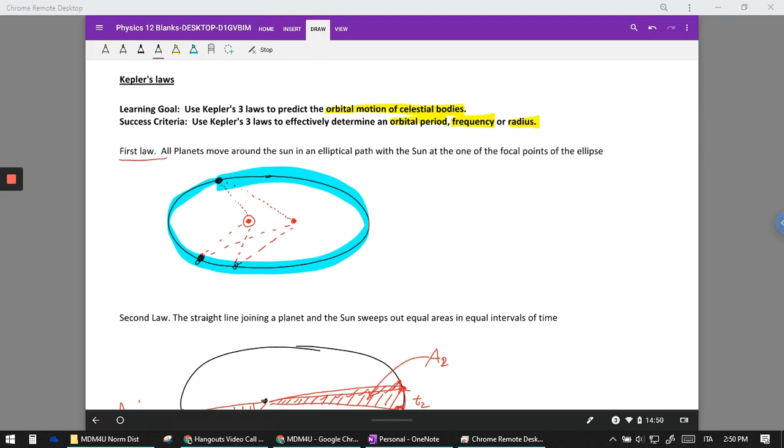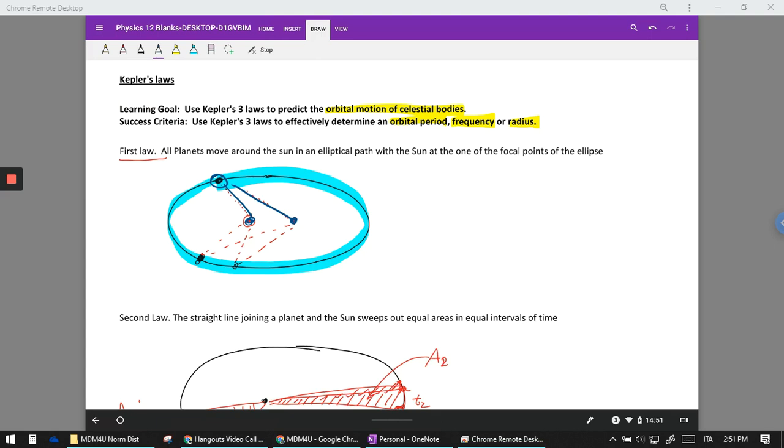Just one quick thing: the definition of an ellipse. If these are the two focal points, the sun is one of them, and this is another focal point. There's actually nothing there, just some empty place in space, but it's the focal point.